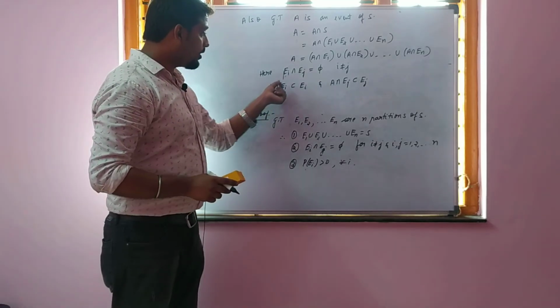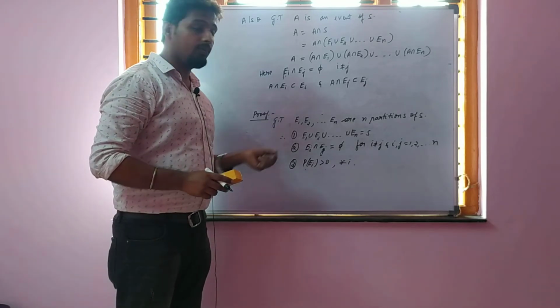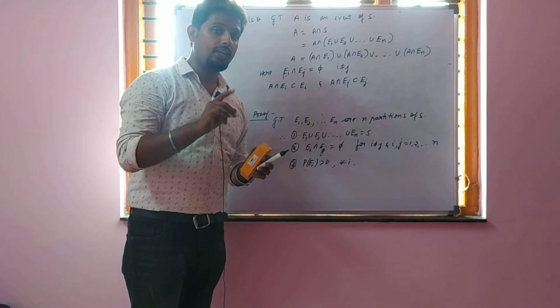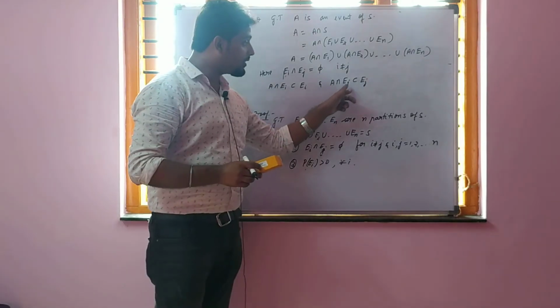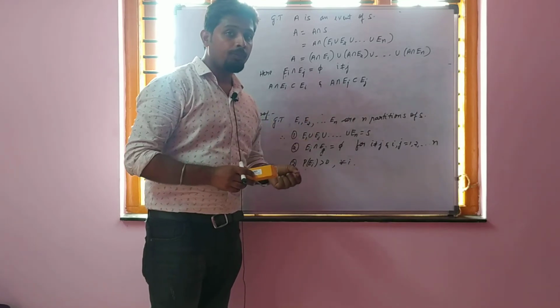So if I consider a subset of E1, then A intersection E1 is nothing but the common elements shared with E1, and A intersection EJ is nothing but the common elements shared with E2, right?